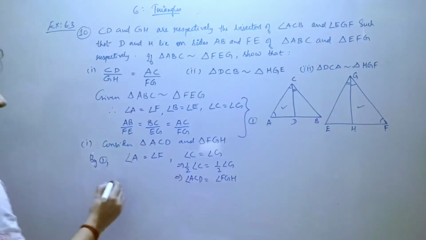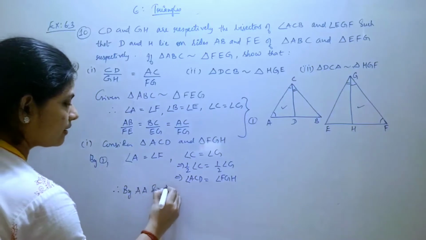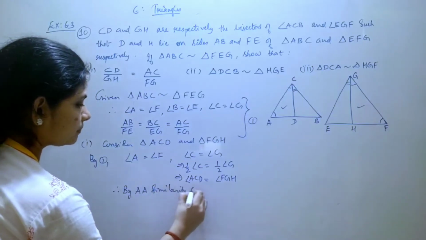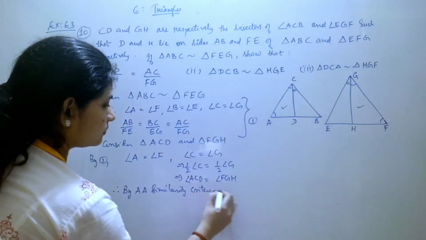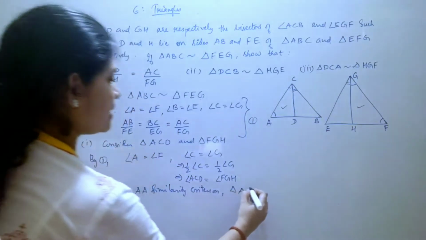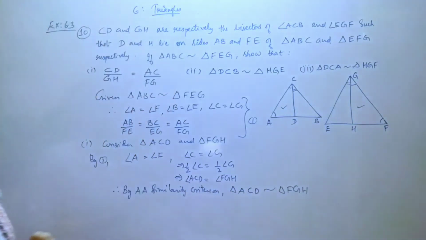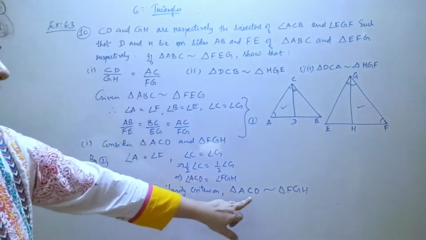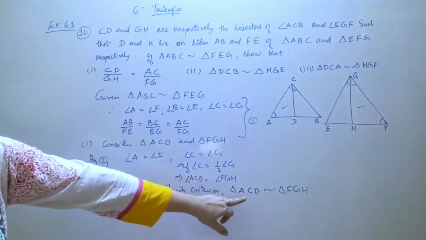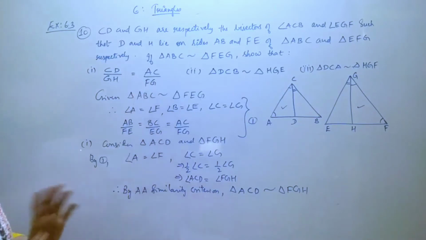Therefore by AA similarity criterion, triangle ACD is similar to triangle FGH. Now after getting this similarity, you can just use the concept of the proportionality of the corresponding sides.